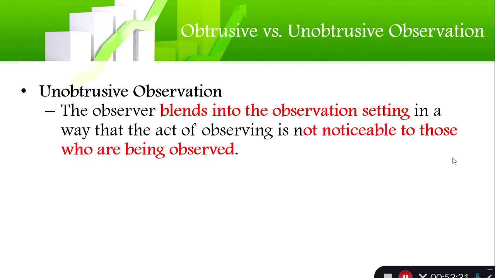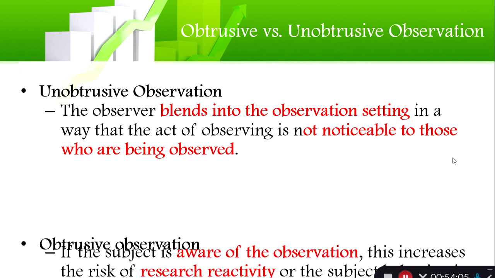In terms of obtrusive versus unobtrusive observation, unobtrusive observation is where the observer blends into the observational setting in a way that the act of observing is not noticeable to those who are being observed. So it's essentially like being a fly on the wall, right? Those who are being observed know that the observer is there, but you try to be as inconspicuous as possible so that you are not as noticeable within the observational setting.